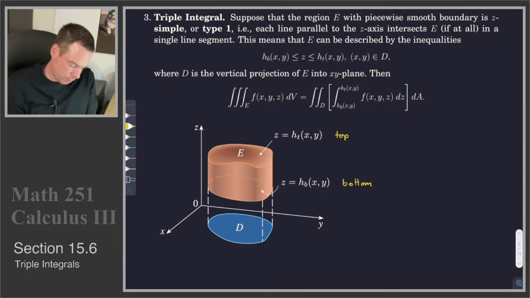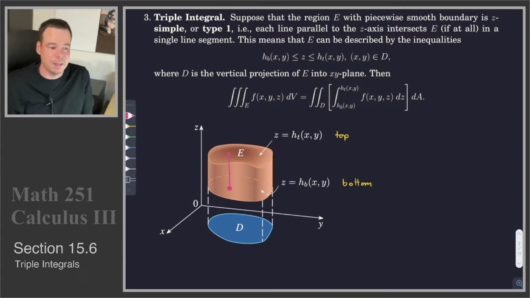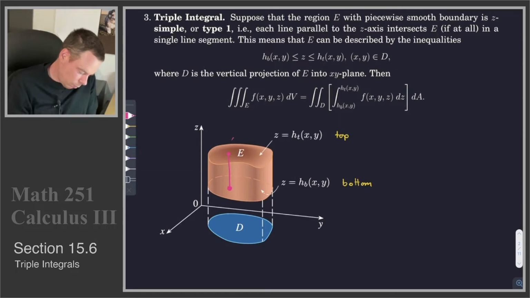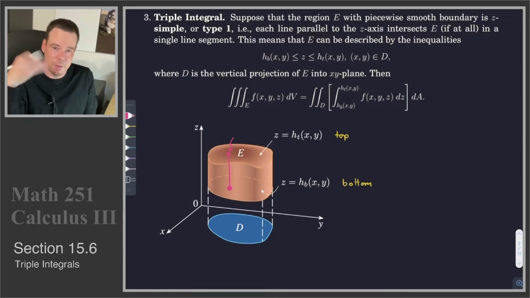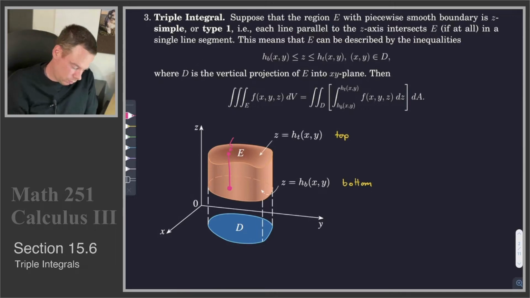So there's our bottom. The way I like to think about this is I'm going in the z first direction, so I'm integrating with respect to z first. I imagine these vertical line segments, and then I watch what happens as they sweep out the region. Wherever they have their highest value, that's going to be the top surface for the region.